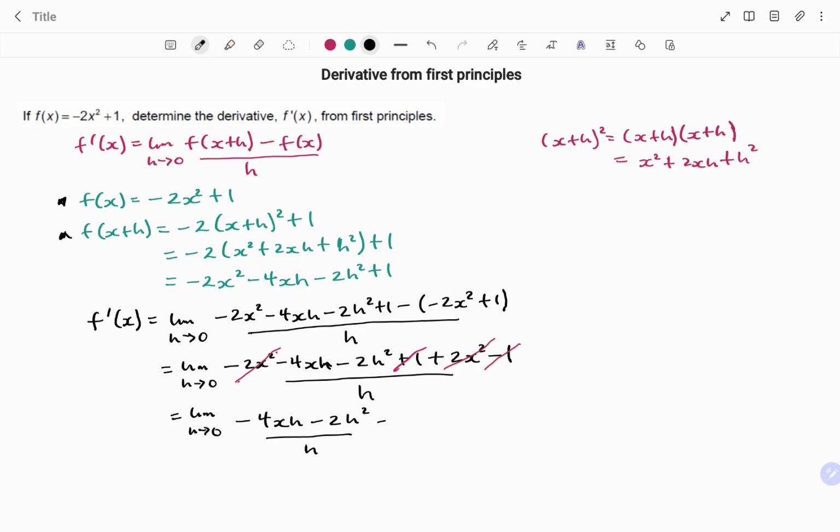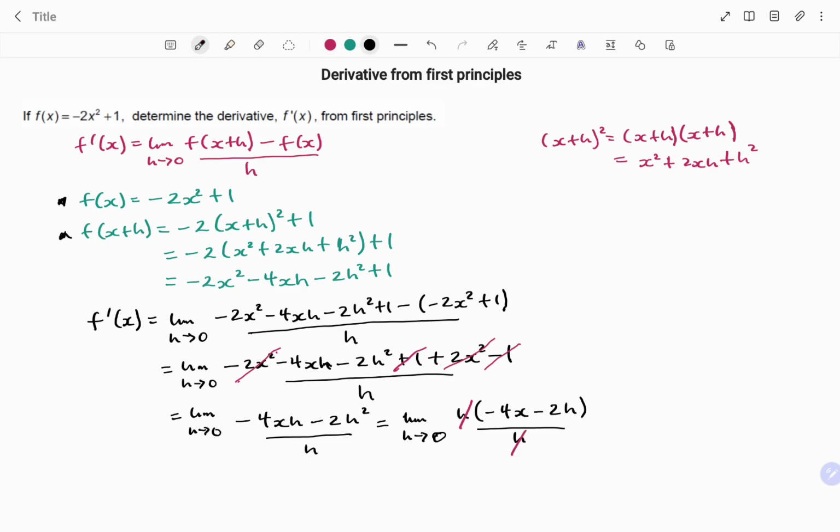I'm going to factorize h at the top, or for my numerator, that is limit as h tends to 0, h in bracket minus 4x minus 2h, all divided by h. What happens is my h divides h at the bottom, that's 1.